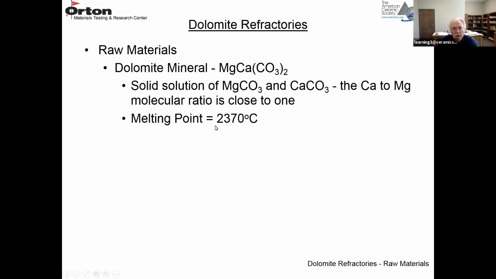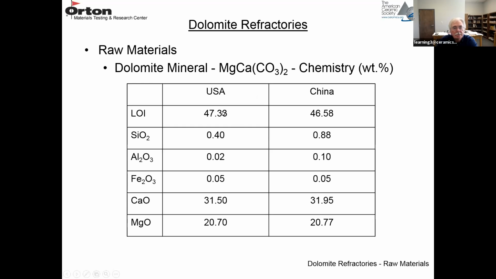This has a eutectic at 2370 degrees C. So it's a high temperature material, and it's relatively inexpensive, but as we mentioned on the first day, it has a hydration issue. So here are two minerals as mined, one in this country and one in China.